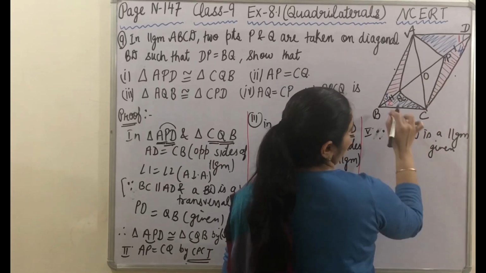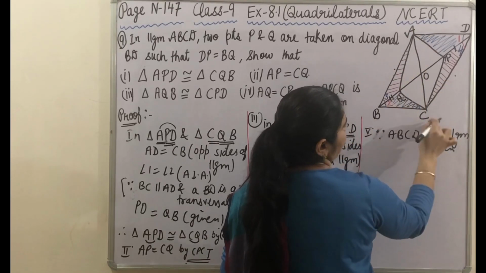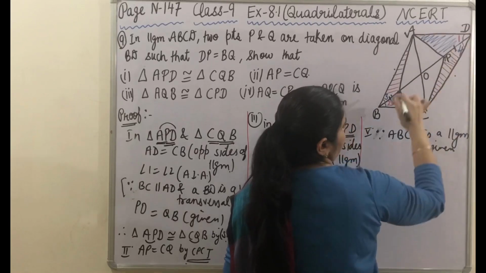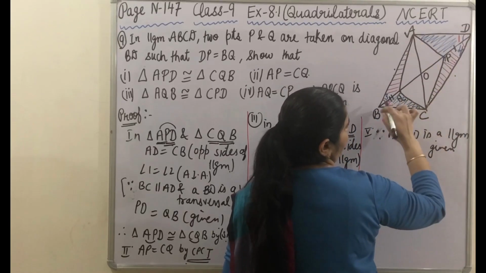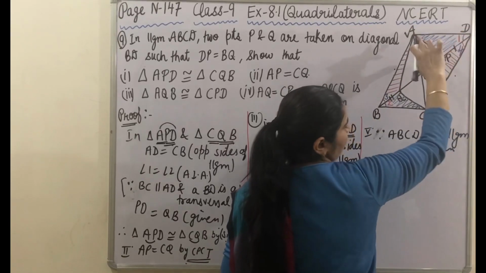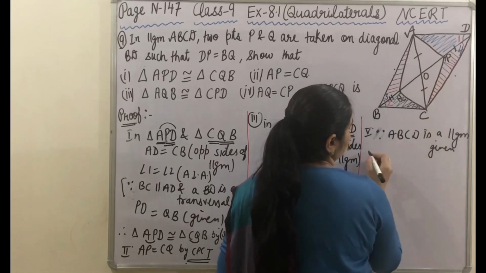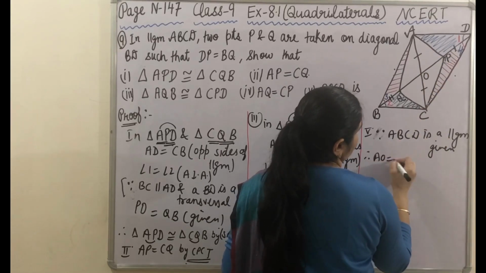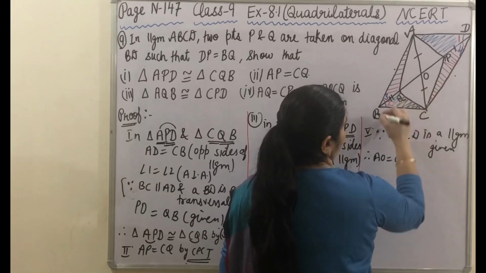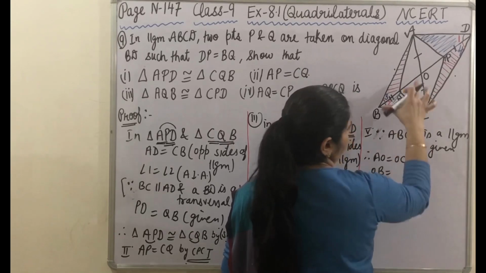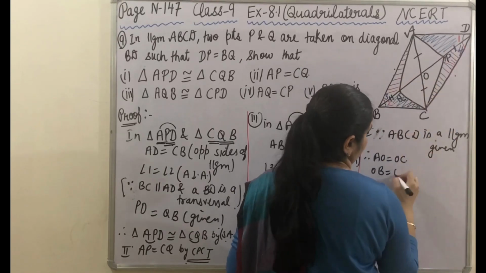In parallelogram ABCD, these are the diagonals, diagonal AC and BD, and we know diagonals bisect each other. Therefore, AO is equal to OC and OB is equal to OD.